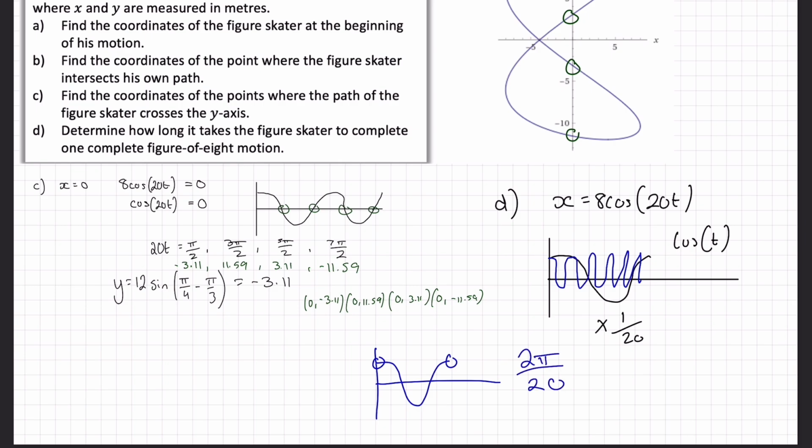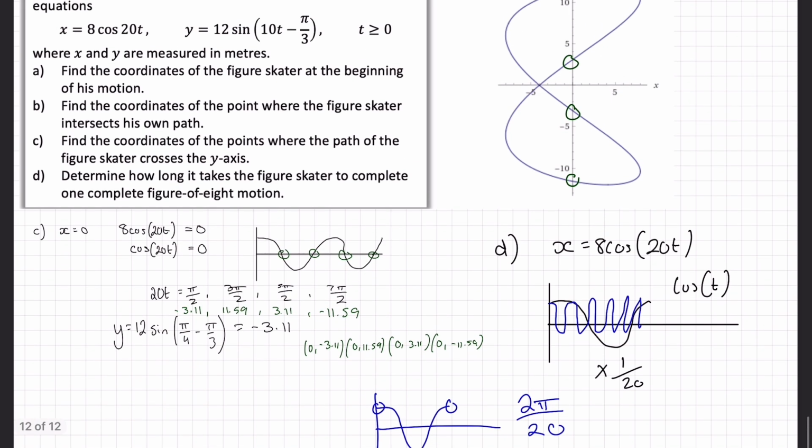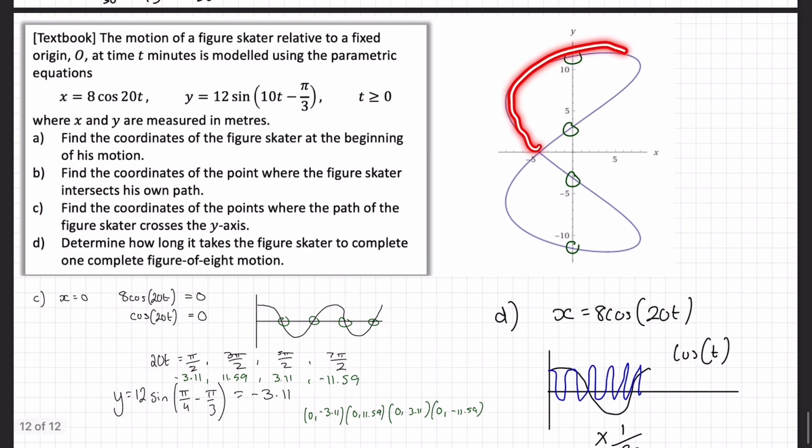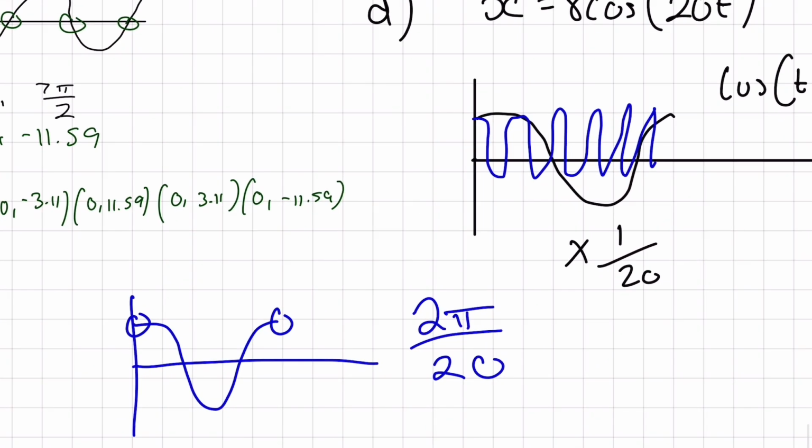But we have to do this twice to come back to the original starting point, because if I skated round once, we're already halfway there, so we have to do it twice. So we need to times this by a factor of 2.